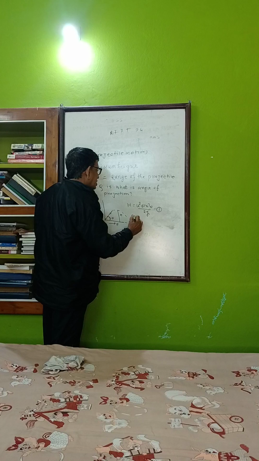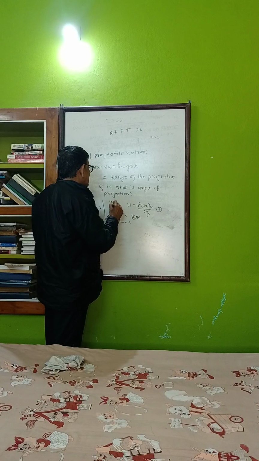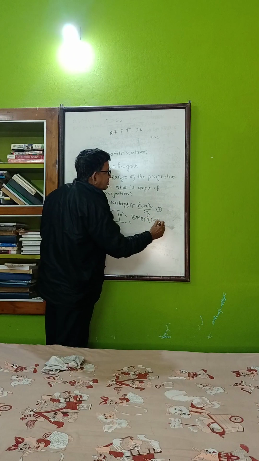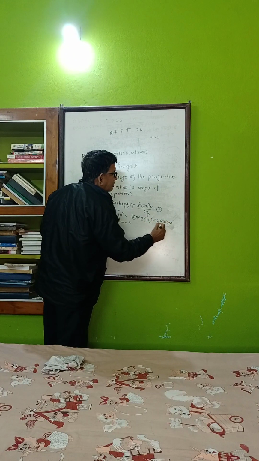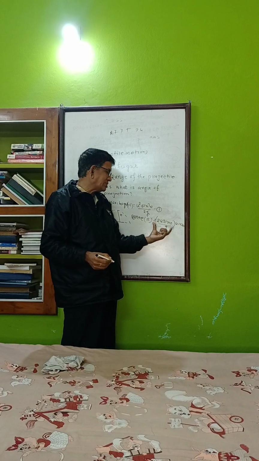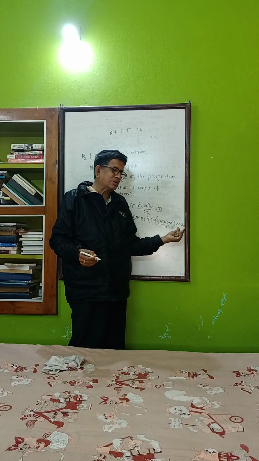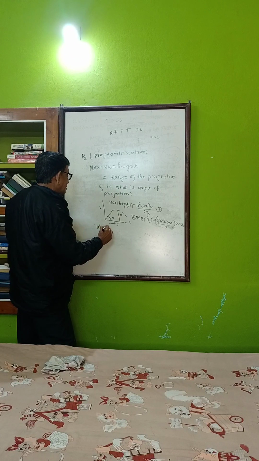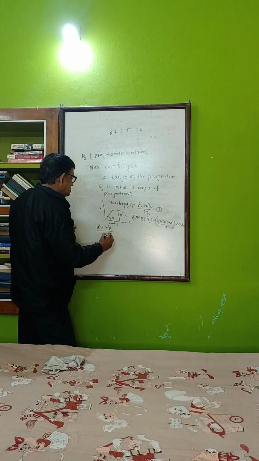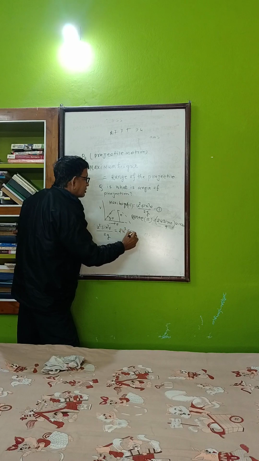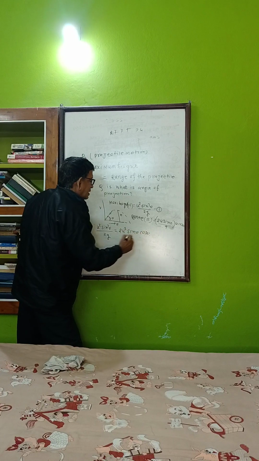Now range R equal to 2u sin theta by g times u cos theta. That means time of flight into horizontal component of this velocity. Now we have u square sin square theta by 2g equal to 2u square sin theta cos theta by g.